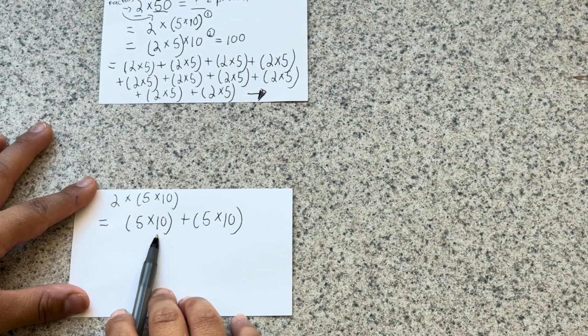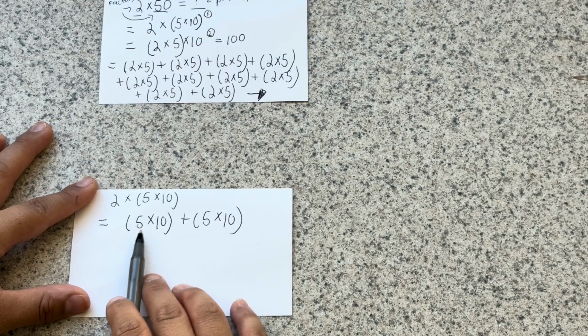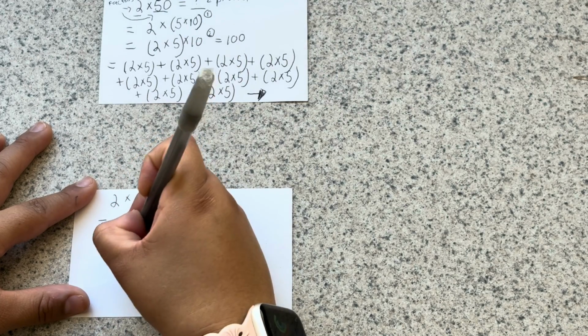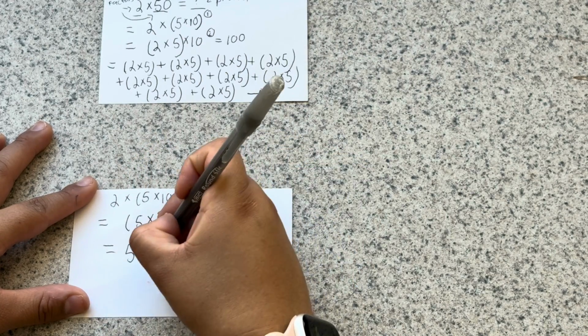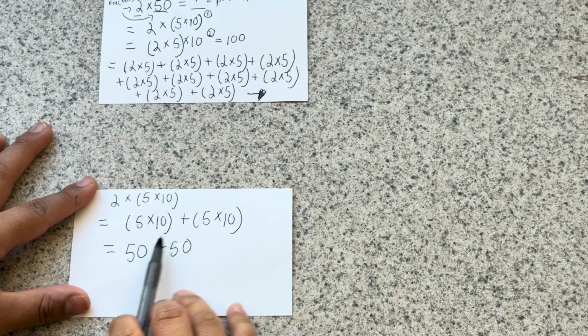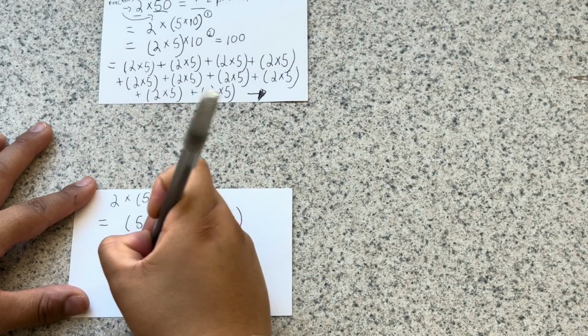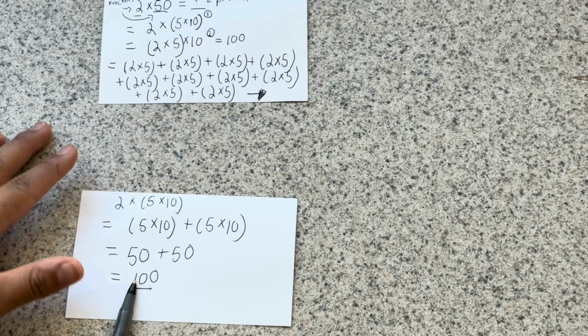And again, you would solve the first parts of the parentheses, 5 times 10, and it's the same thing. 5 times 10 is 50, plus 50. 50 plus 50 is 100. And that's our product.